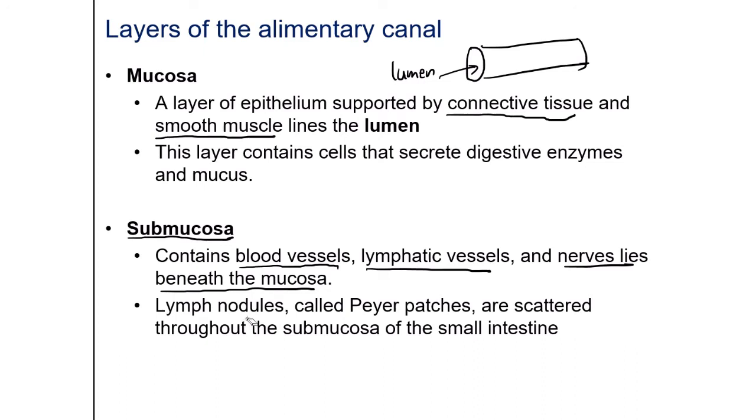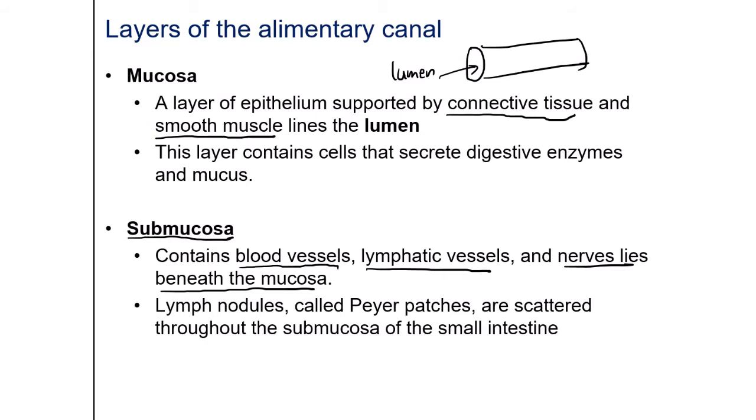There are special lymph nodules that are called Peyer's patches, and they are scattered throughout the submucosa of the small intestine. A lot of the food that we eat is going to contain probably airborne pathogens. Much of it is going to be broken down in the stomach because of the strong acid.